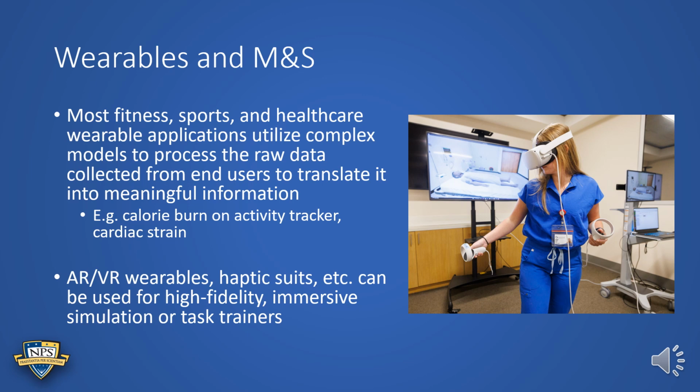Another similar example is cardiac strain, for example, used on the Whoop wearable. And for simulation, augmented reality as well as virtual reality wearables and haptic suits, etc., can be used for high fidelity immersive simulation or task trainers, such as the one pictured on the right. So this is using an Oculus Rift and using a virtual reality training program.